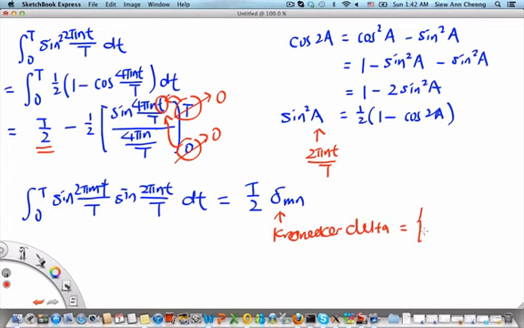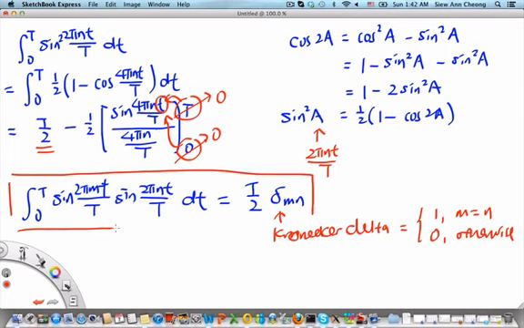And this is equal to 1 if m is equal to n and 0 otherwise. This relation here is called the orthogonality relation of the sines.